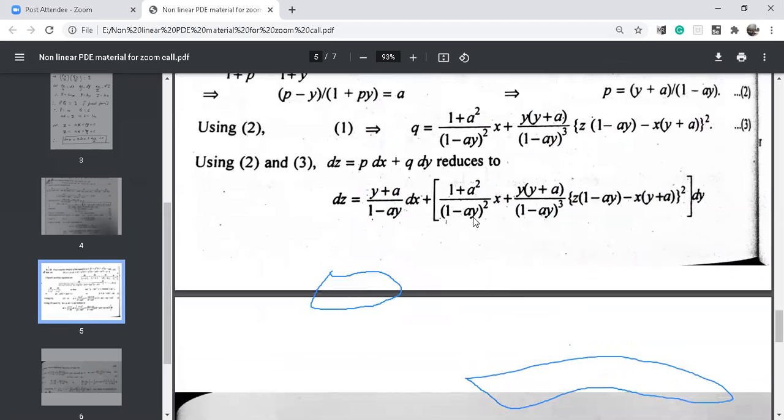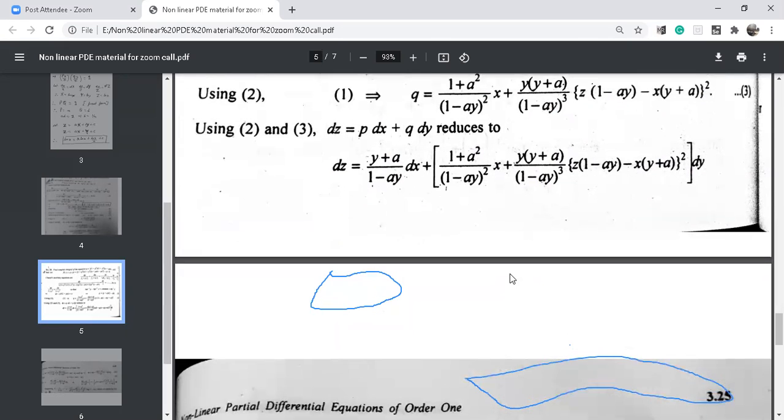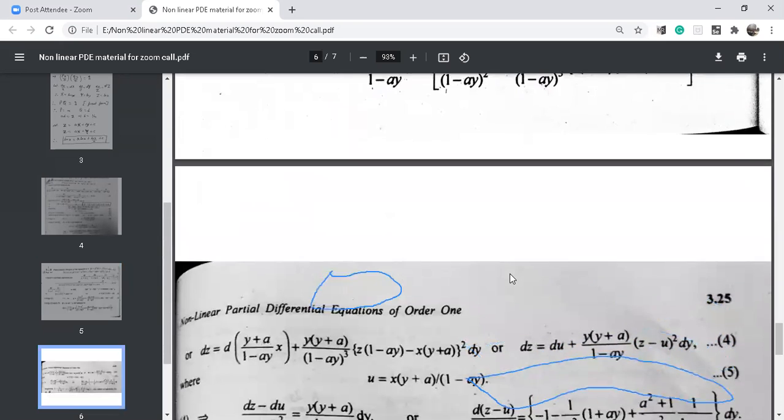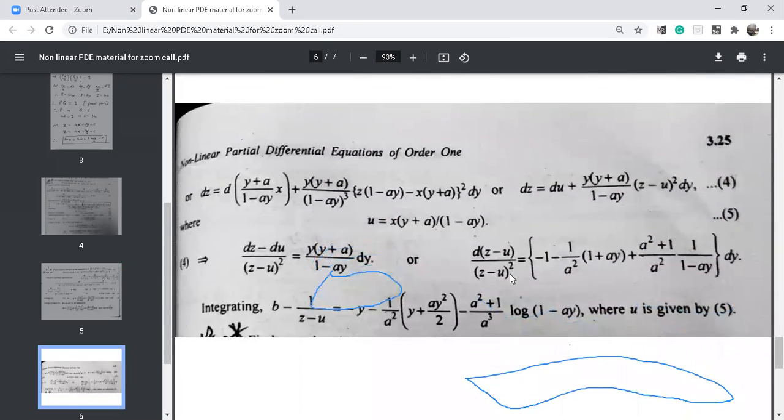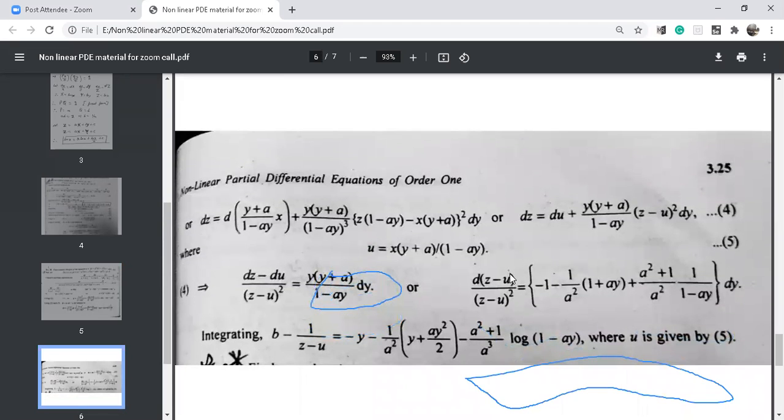The terms are really complicated, where dz is y plus a upon 1 minus ay dx, 1 plus a square, 1 minus a square. So here you have to make factors. Mark this question, look at what they have done, just see the solution once. They have taken u equal to x y plus a upon a minus 1 minus ay.